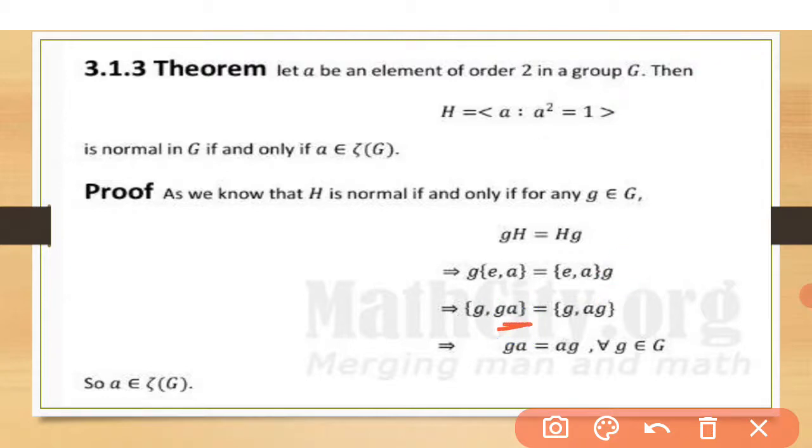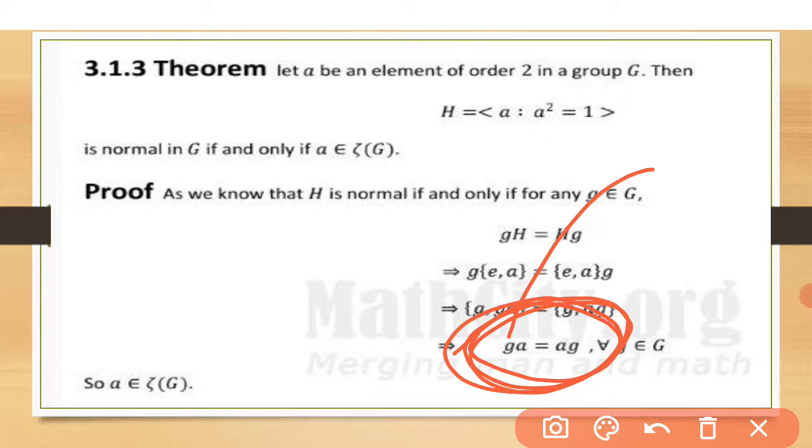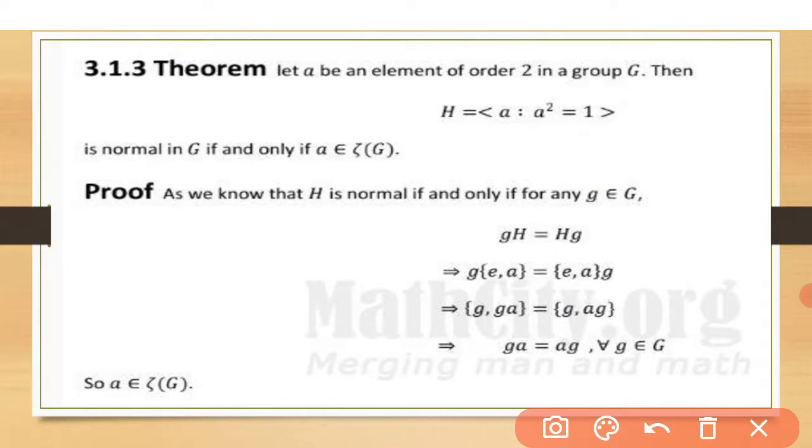So here we can write that on the left hand side gA is equal to Ag, and we know that these two elements hold the commutative law, where g is from G and A is from H. It means that A is in the center of G because A commutes with every element of G.